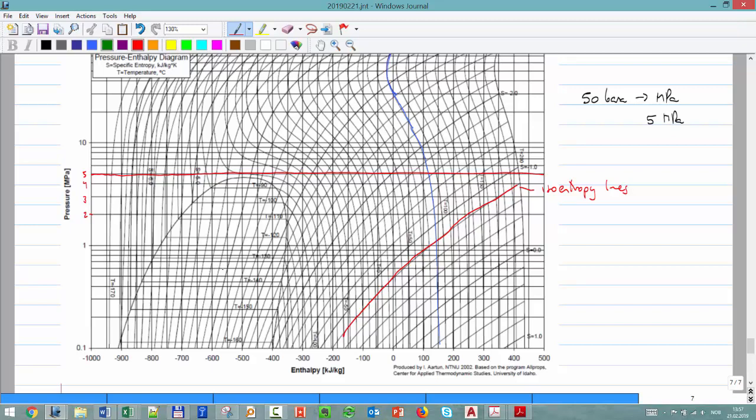So here we have 0, 10, 20, 30, 40, and 50. So 20 is that line, and that will be my point. That's the inlet to the compressor. That point here. You have to see it, maybe it's not so clear from the screen.